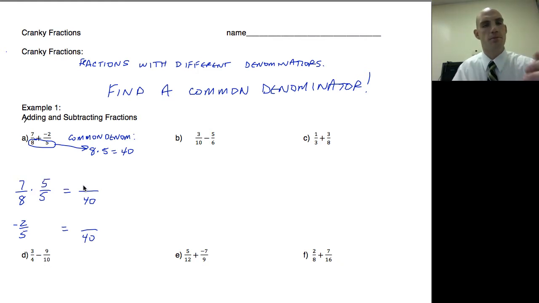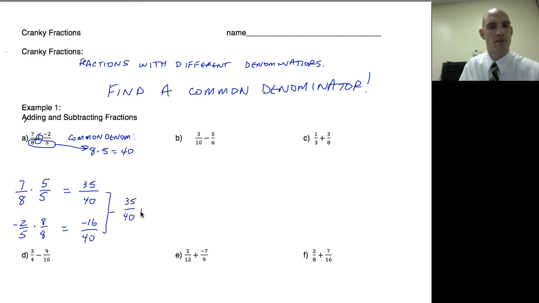So what do I have to multiply by? Well, if you look at how I found the common denominator, I just multiplied the two denominators together. So to convert them, I just need to multiply by the other denominator.